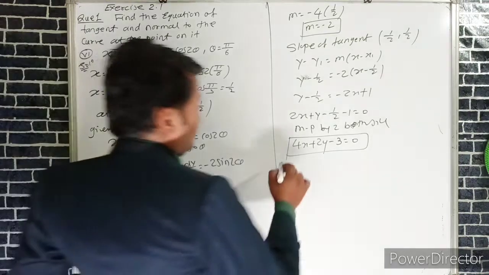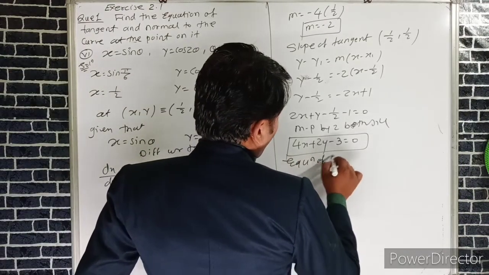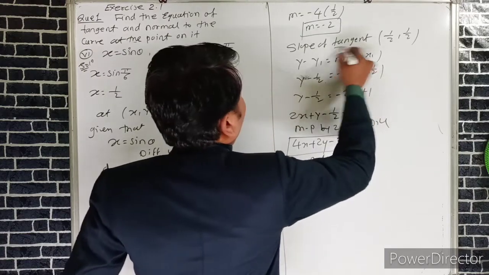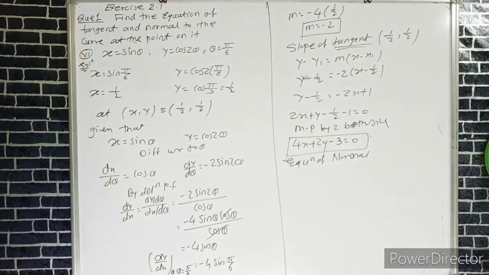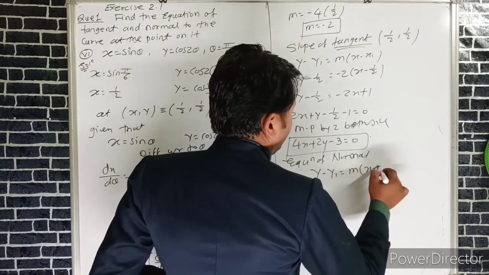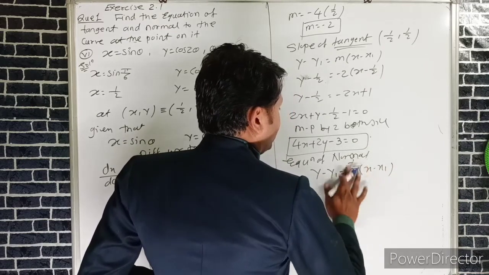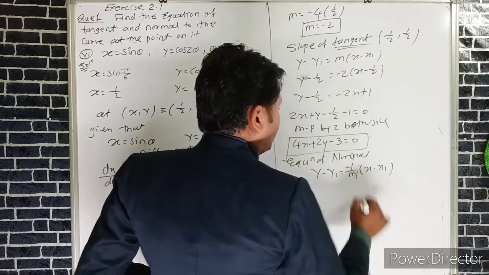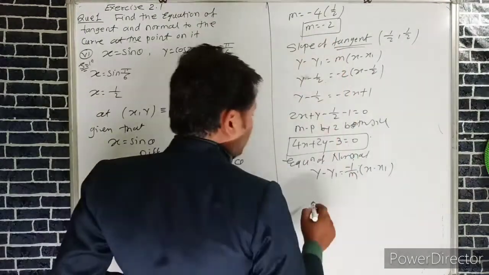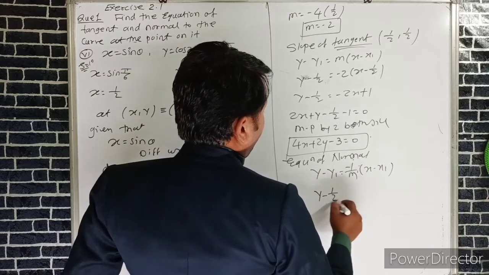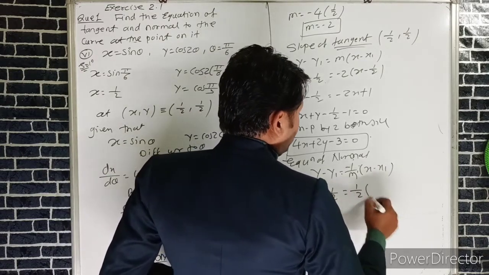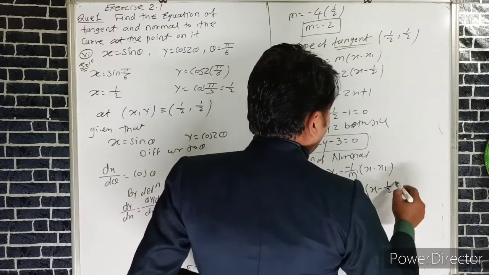Now we have to find the equation of the normal, which is y minus y1 is equal to minus 1 upon m in bracket x minus x1. Here the slope m is minus 2. So y minus y1, which is 1 by 2, is equal to minus 1 upon minus 2, which is 1 by 2, into x minus x1, that is, 1 by 2.